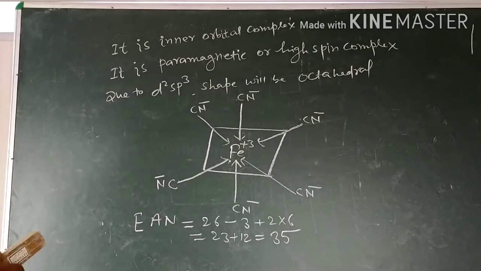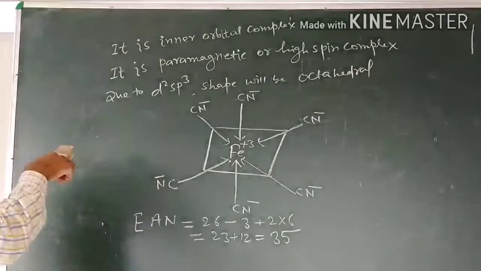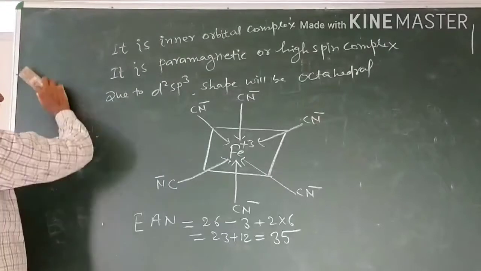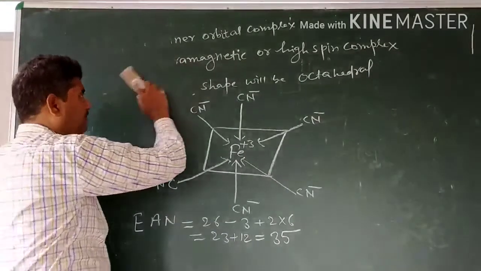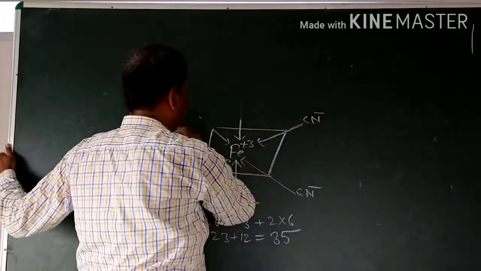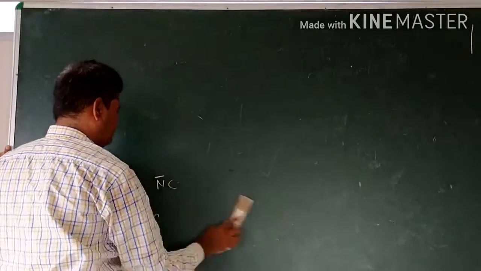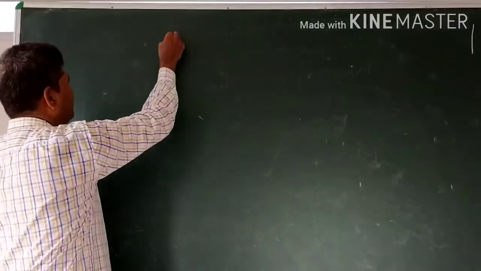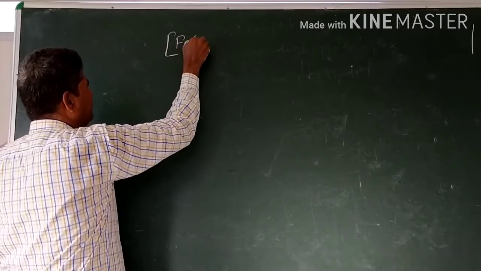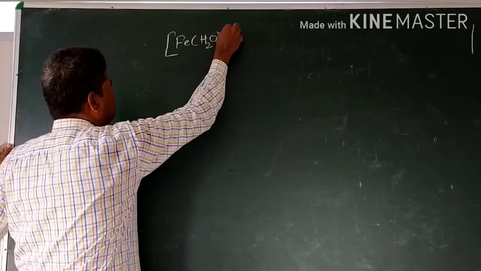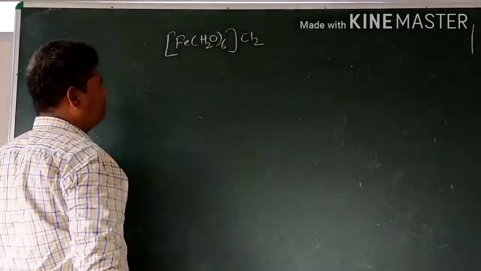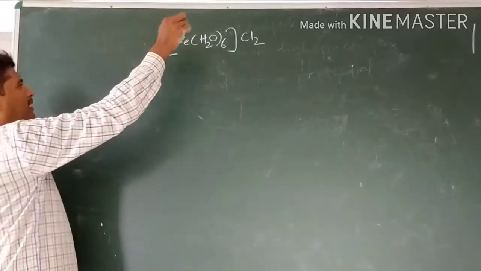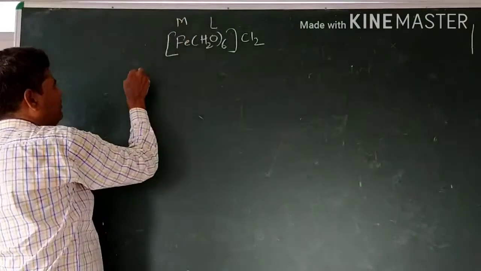Next example. [Fe(H2O)6]Cl2. This is the ligand, this is the central metal atom.